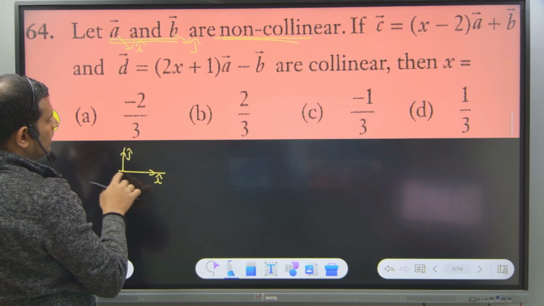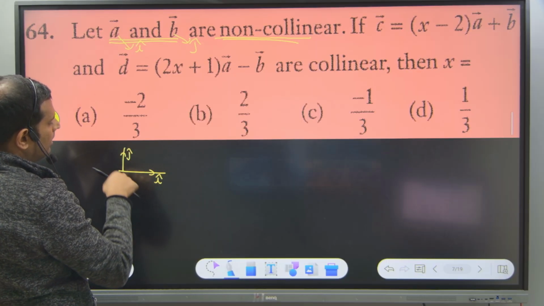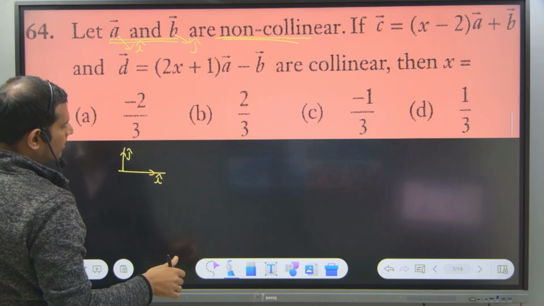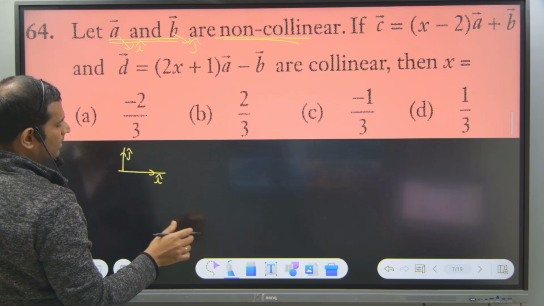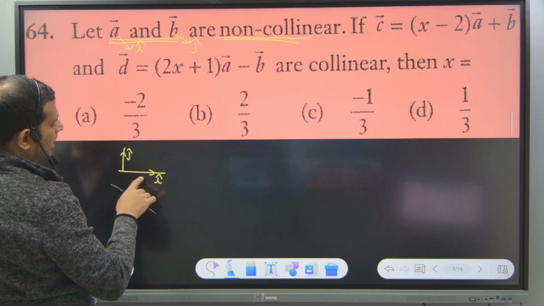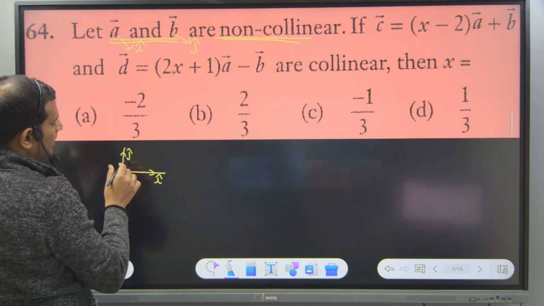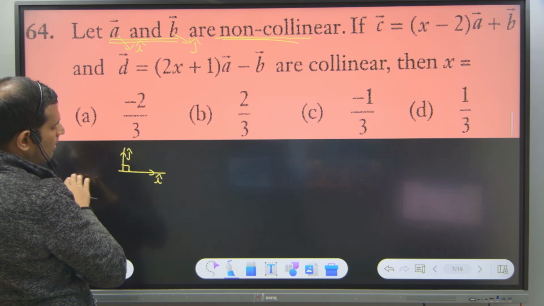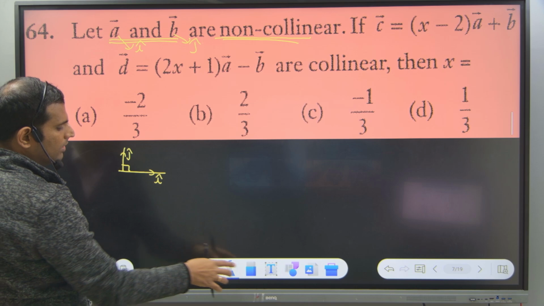Are these two in the same straight line? Are they collinear? Okay, let us solve. I think you are correct. See, i cap and j cap are perpendicular, so they are not on the same line. So they are not collinear.